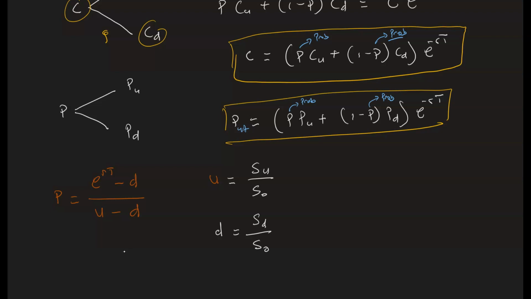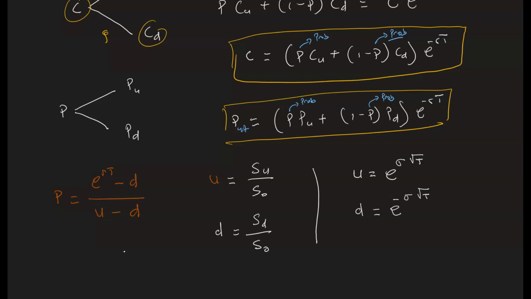If we want to account for volatility of the option, U can essentially be rewritten or expressed as a function of the volatility of the option. And if we did that, what we would find is that U is essentially equal to the exponential of the standard deviation multiplied by the square root of t, and D is essentially equal to the exponential of minus standard deviation times the square root of t.